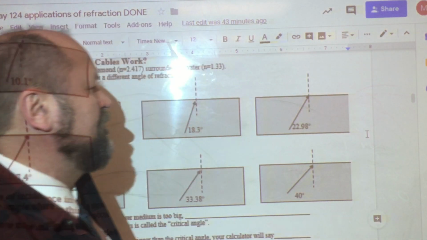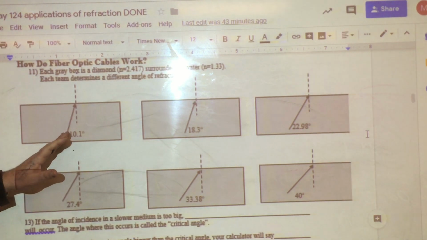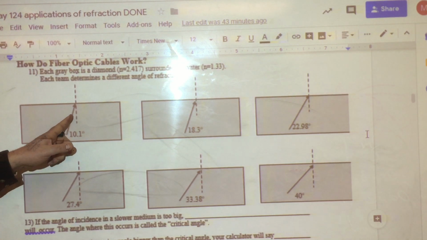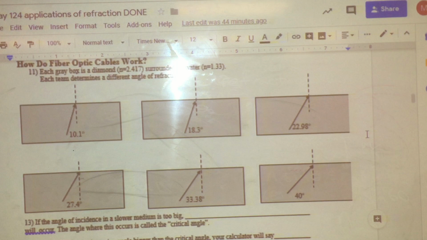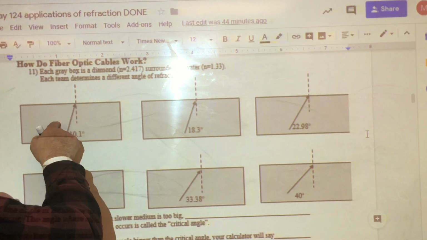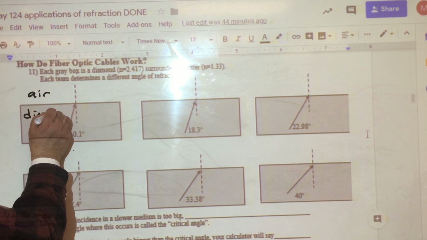How do fiber optic cables work? If we do our Snell's law and figure out the exact angle that the light rays leave the diamond and go into air, we'll see this kind of a pattern. This is air and this is diamond.